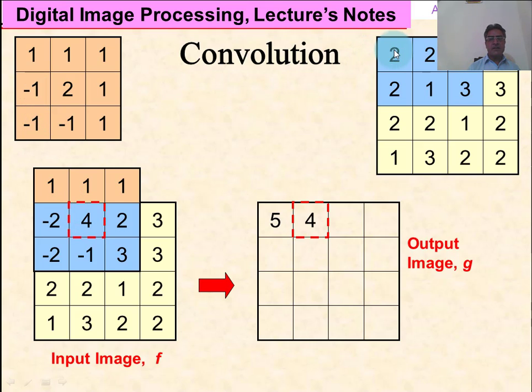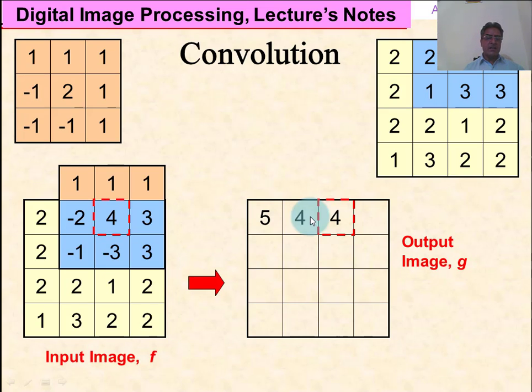Minus 1 will multiply with 2, 2 will multiply with this 2, and 1 will multiply with this 2. Then it will become minus 2, 4, 2, and when minus 1 and 1 multiply with 2, 1 and 3, it will become minus 2, minus 1 and 3. This blue colored cell value will be added. Minus 2 plus 2 minus 4, this 4 will cancel, and minus 1 and 3 plus 2 will become 5. 5 minus 1 is equal to 4.